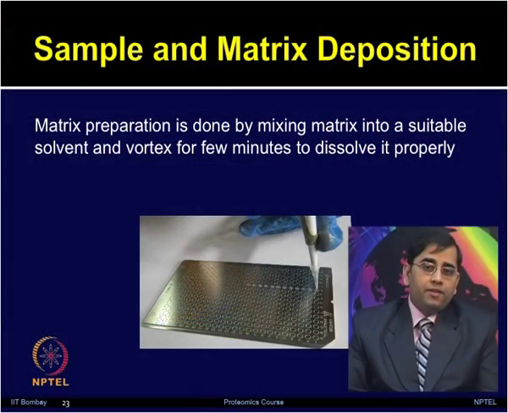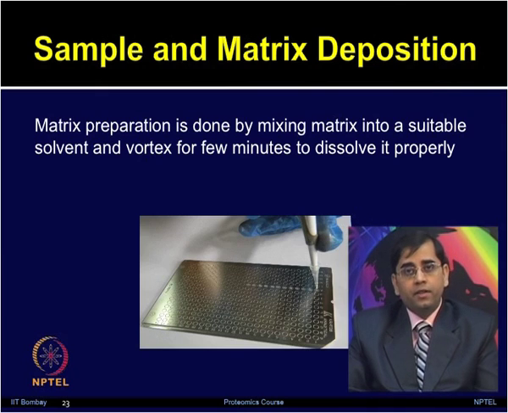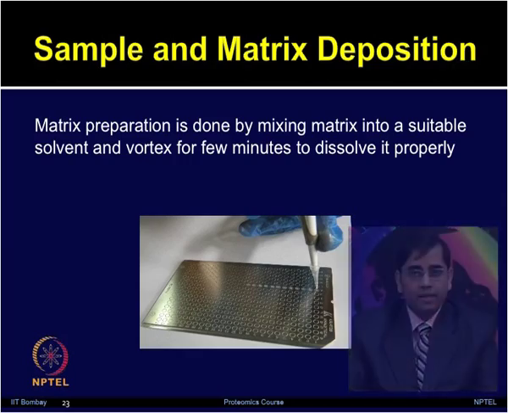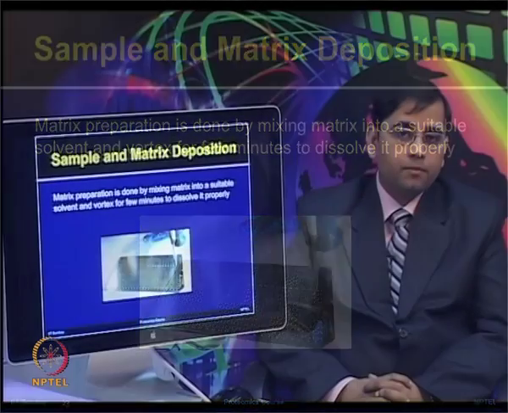Now, once you have selected a matrix, the matrix can be prepared by mixing it into a suitable solvent and vortexing it for a few minutes, so that it can dissolve properly. Now, you are ready with both your analyte, the protein which you want to analyze, as well as the matrix which you have selected for your application.